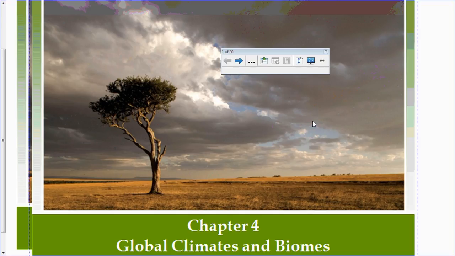If you read the little grape vignette at the beginning of the chapter, it tells you that biodiversity is pretty much determined by what latitude on the Earth you are. And we're going to talk about why different parts of the Earth are going to behave similarly, why different latitudes are going to have very similar features, all right?